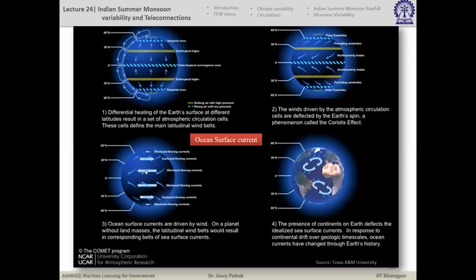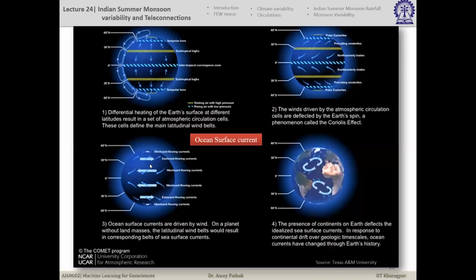Okay. So ideally, if there is no land, the ocean surface current should take place like this: most westward circulation along the equator, most eastward circulation just above the mid latitude, and very weak westward flowing current over the polar region.